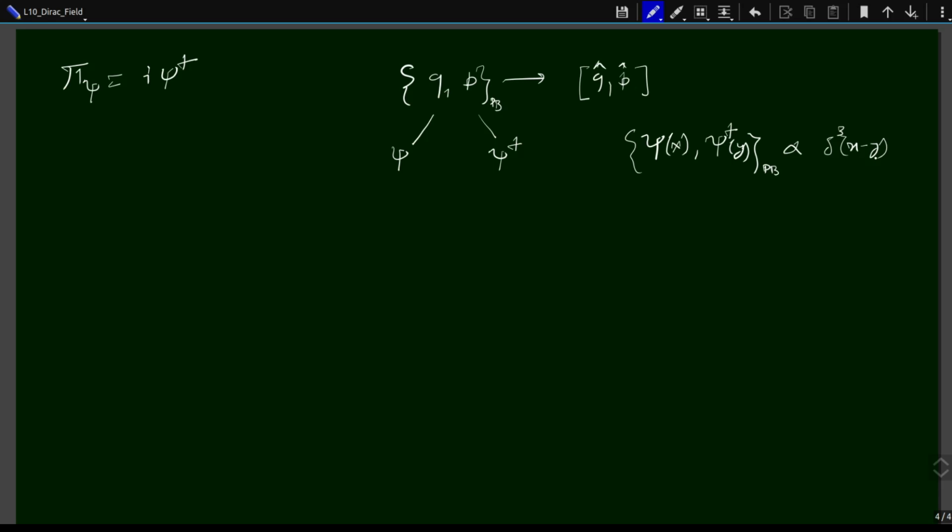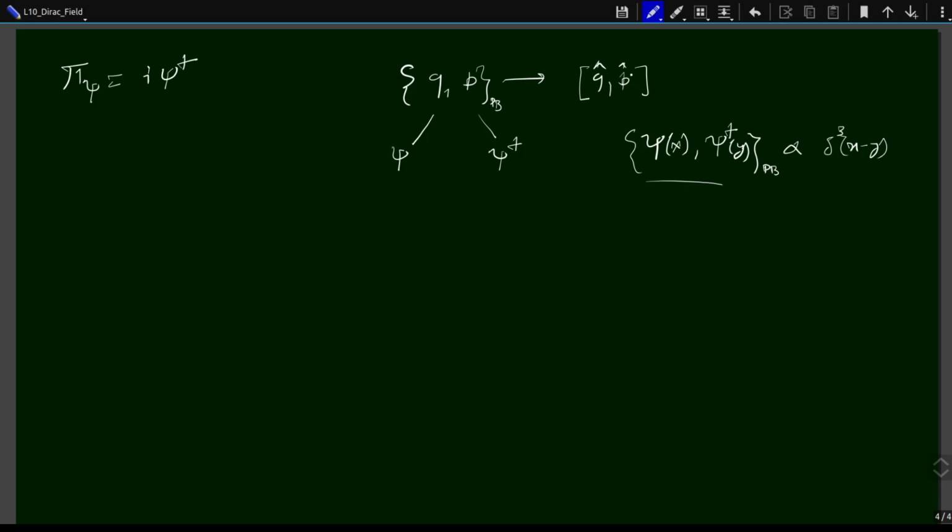Now on the right hand side, the delta function is kind of symmetric. So what we need is a quantity which replaces the Poisson bracket with an anticommutator, and this quantity also has to have the correct structure.